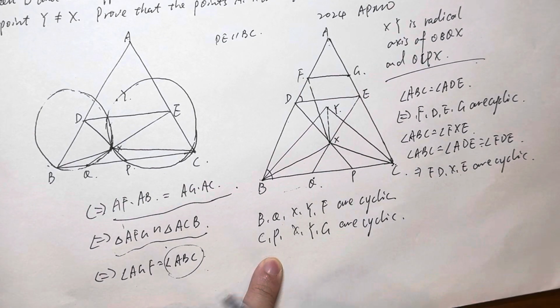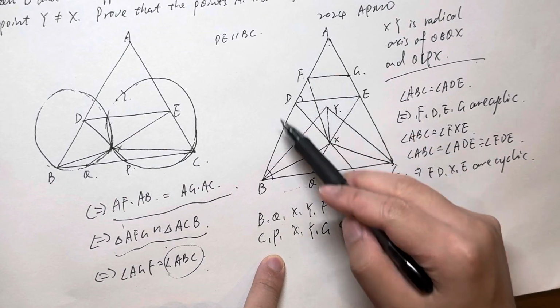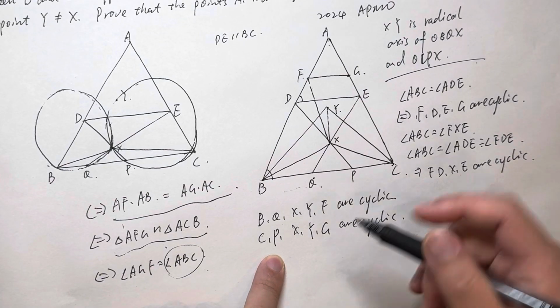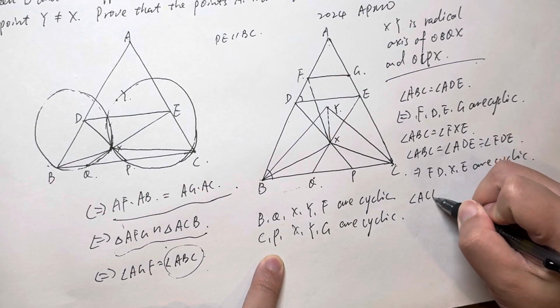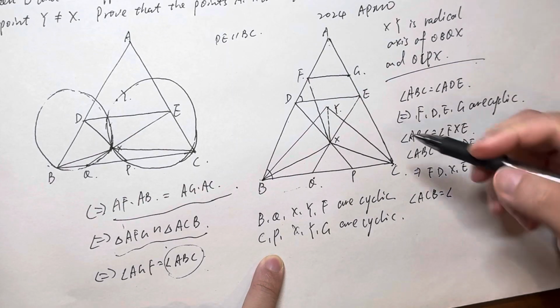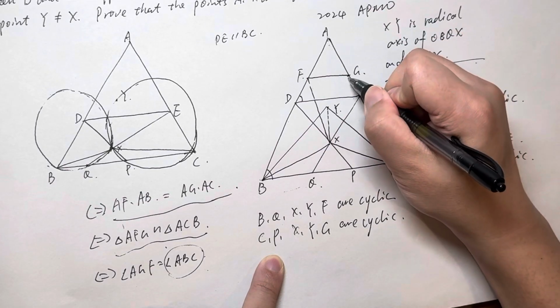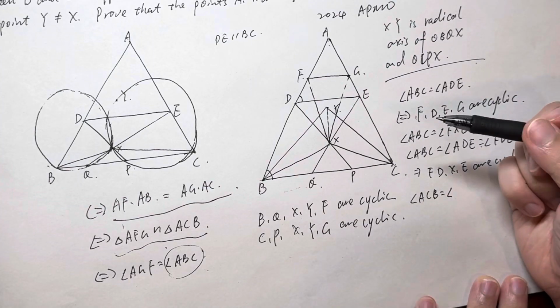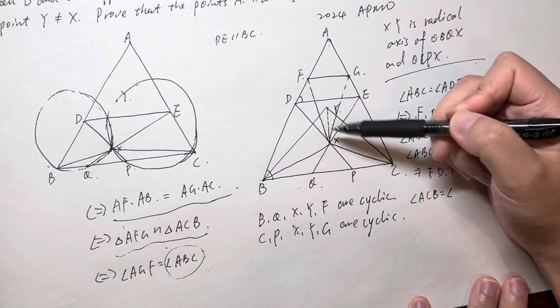And you can see this is a symmetrical problem. That means G must also be on the circumcircle of the triangle DXE. But we can prove that easily. Let's connect GX.